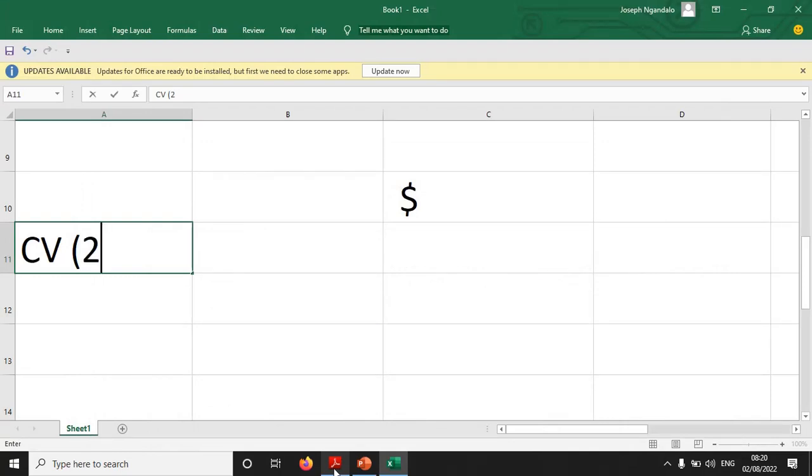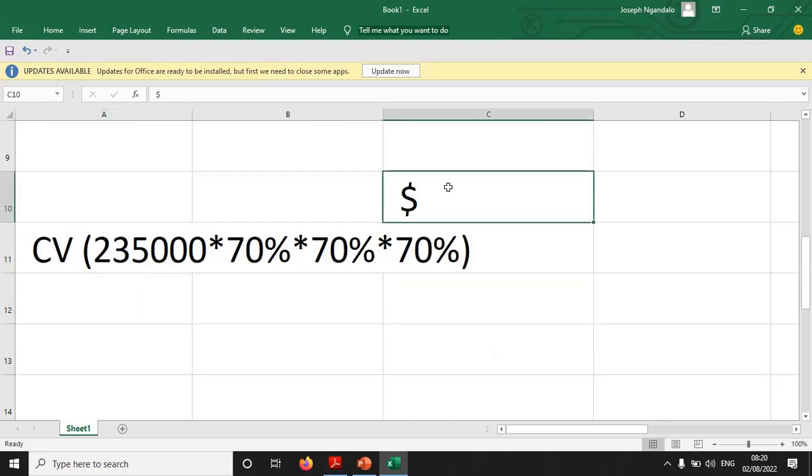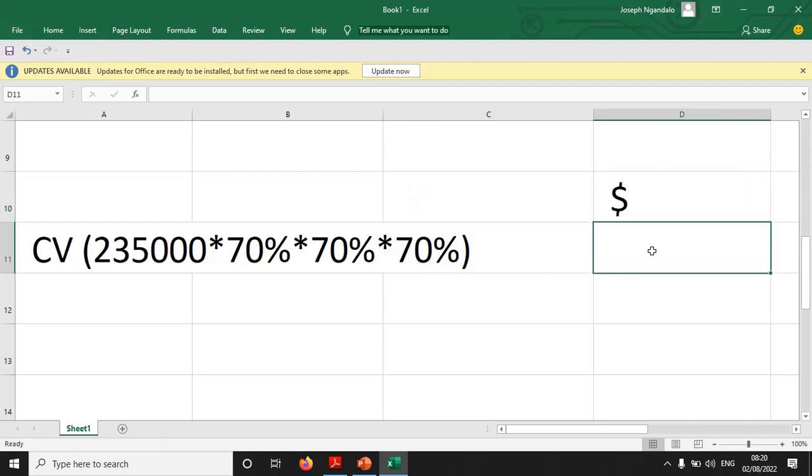I hope you are concentrating. Somebody's going to say you're too fast. You should be asking questions. Ask questions where you're not clear. I've got 3 years, right? You see how we find the CV without taking too much time.